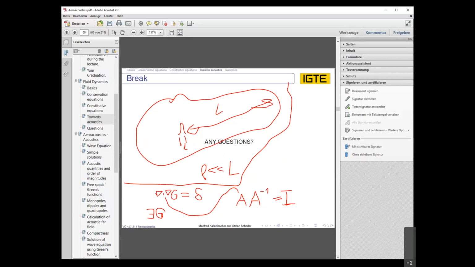Okay. So the Green's function is more or less the inverse of the operator.